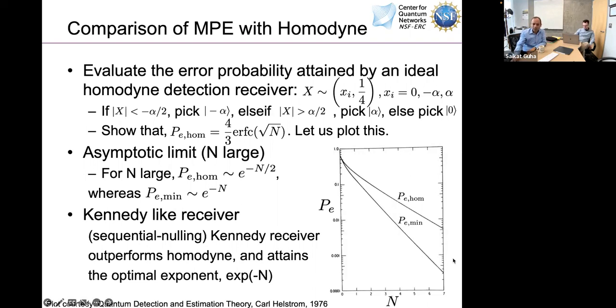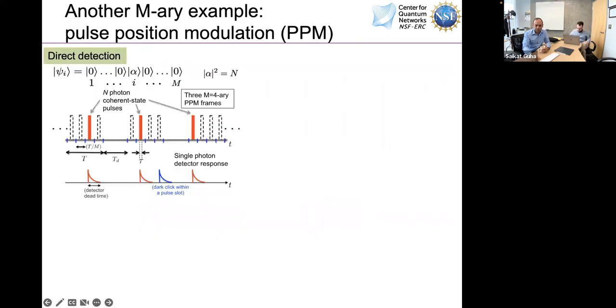What this translates into is an improvement in the error probability exponent, which translates into the latency of communications. If you have a short burst communication that you want to send with a low probability of error, these kinds of receivers can give you better performance. So there are different use cases of quantum receivers or non-standard receivers. Well, a Kennedy-like receiver can get you that exponent, but doesn't exactly achieve this minimum probability of error.